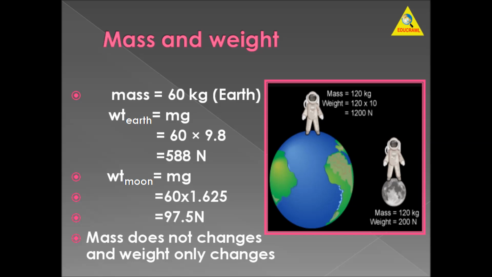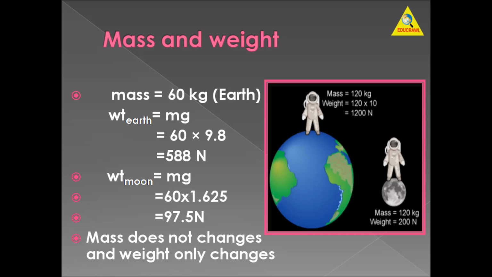Now the same man on moon, we are just finding the weight. So weight on the moon is given as m into g. For m I am substituting the mass of the person, which is 60, and the g value of moon, which we know is 1.625 meter per second square. That value we are substituting.